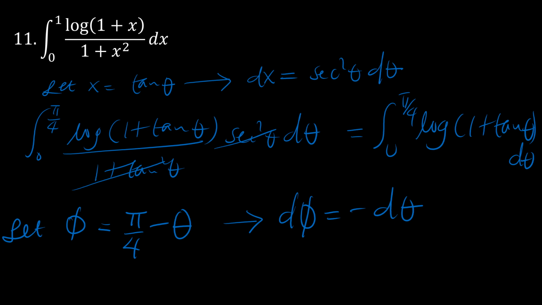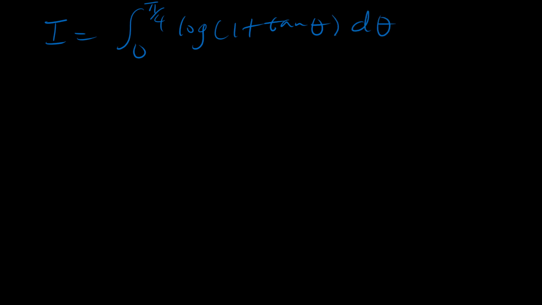Okay, so that's a good start. Let's say I is equal to our integral, substituting with phi being equal to pi over 4 minus theta.